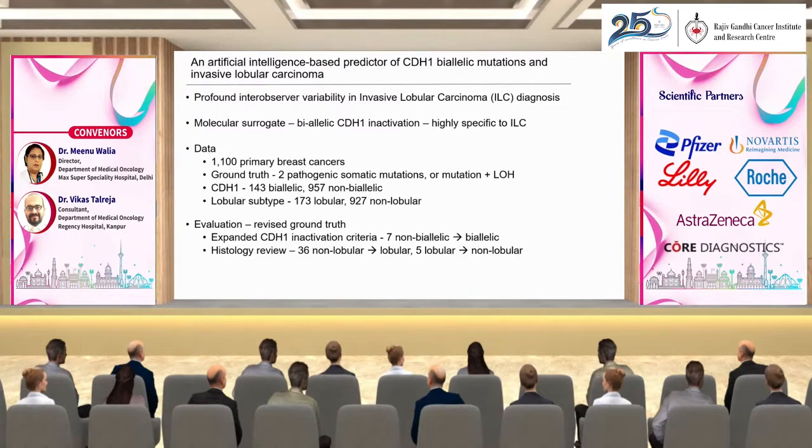So this was their data. CDH1 was biallelic in 143, and 957 were wild type. Lobular subtypes histologically were 173 and 927 were non-lobular. So they evaluated the revised ground truth, and that further reclassified some labels.